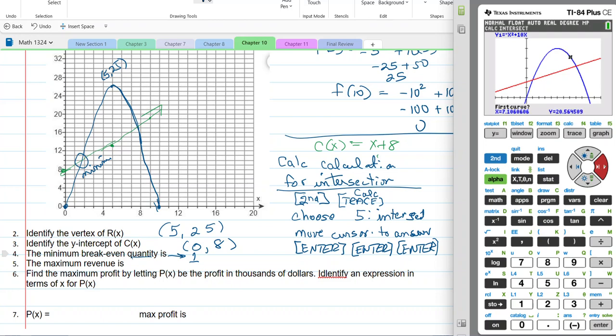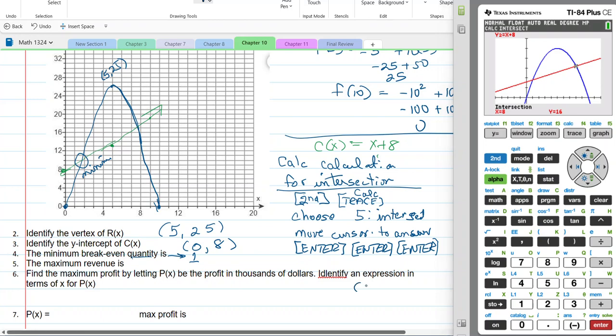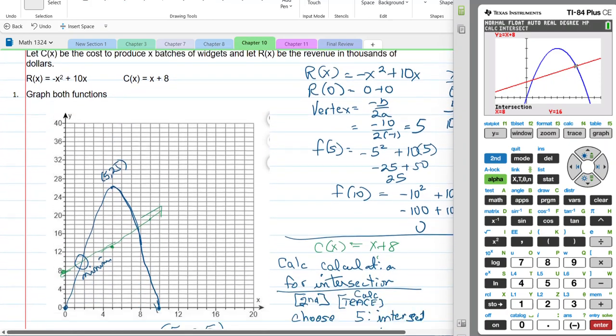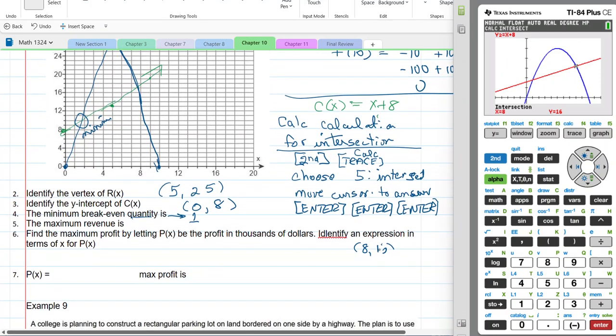And now they want the revenue. So enter, enter, enter. And this is 8 and 16. Under the 8 and 16, we know that this was done in thousands, so 16,000 when 8 are sold.